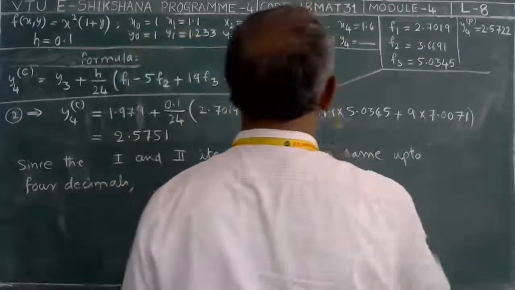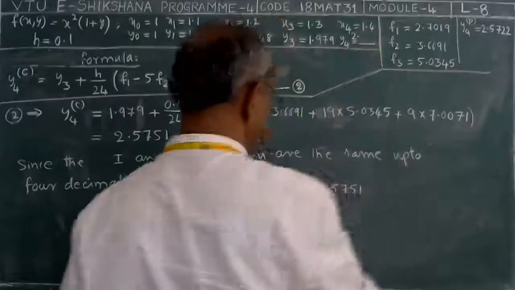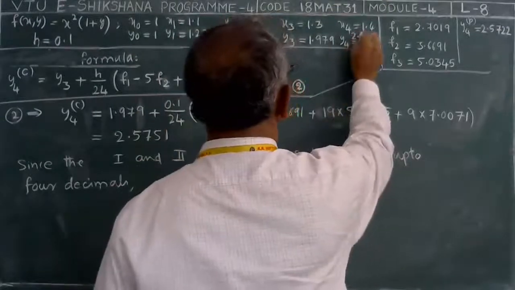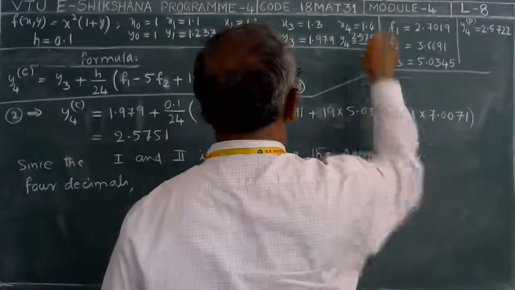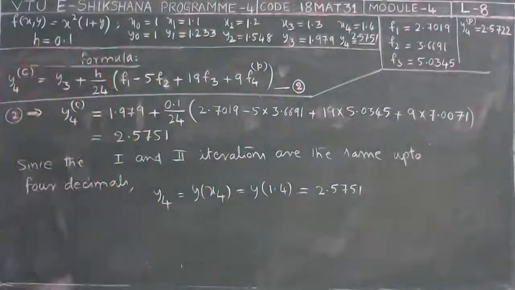So I got the value y4 as 2.575. So this completes the problem.